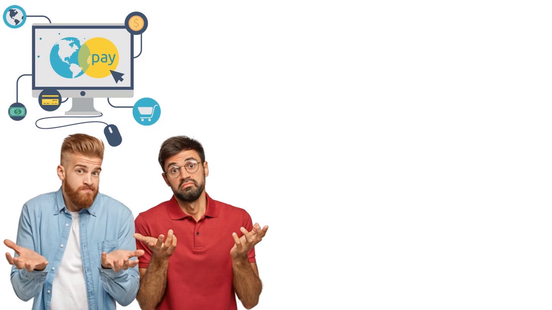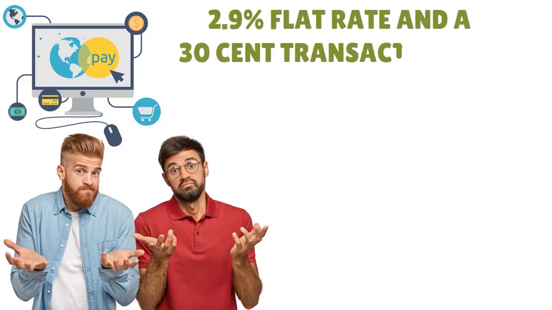So if you think about Stripe, the pricing model is pretty straightforward. This is a pay-as-you-go model, which includes a 2.9% flat rate and a 30-cent transaction fee per swipe in their basic package. But this is the basic package.